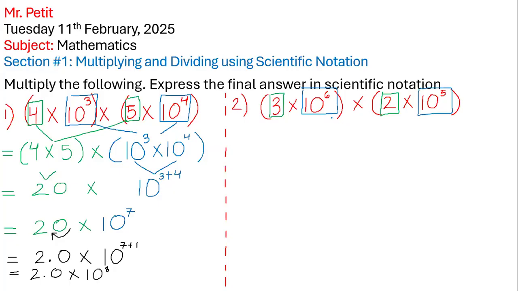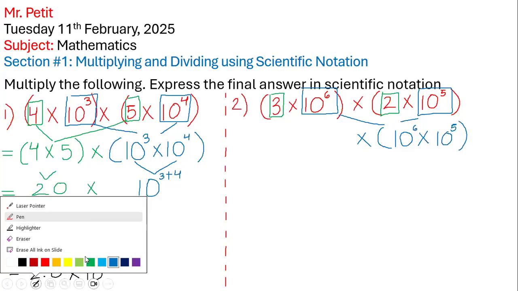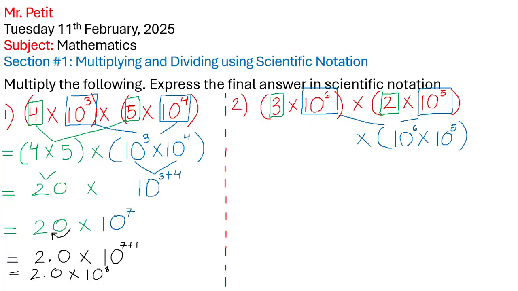So that means that on this side, times the bracket, this is going to be 10 to the 6 multiplied by 10 to the 5th power. And then this one is 2 and 3.